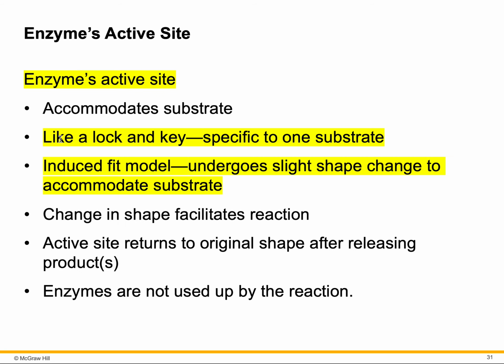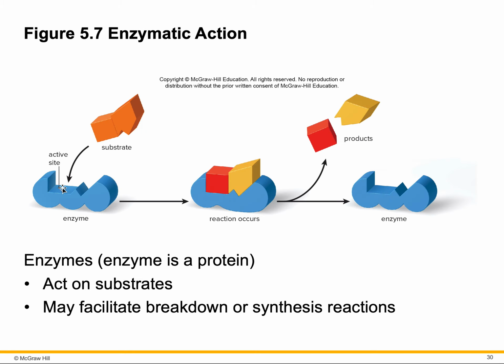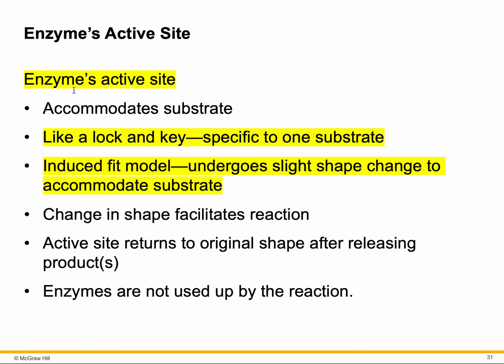There's either the lock and key method or the induced fit. Lock and key is just like that, it fits perfectly. Induced fit is that it will slightly change the shape to accommodate the substrate. If these do not fit perfectly, it'll change the active site shape just slightly. So those are the 2 different types of active sites: lock and key or induced fit.